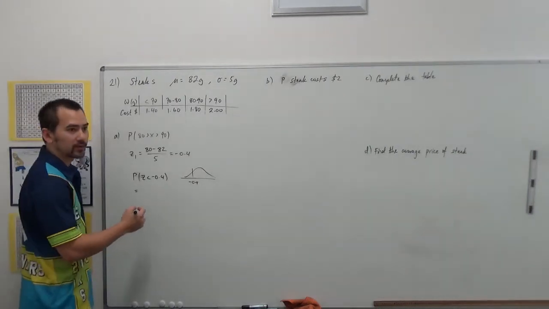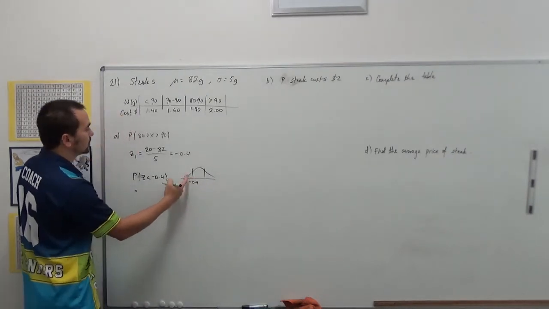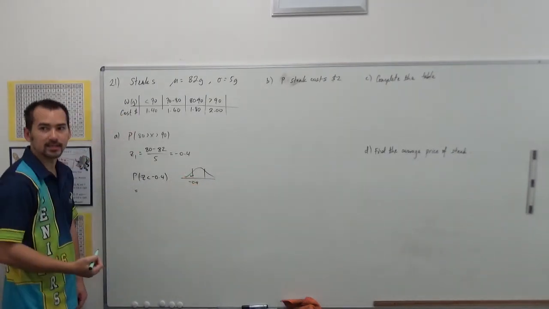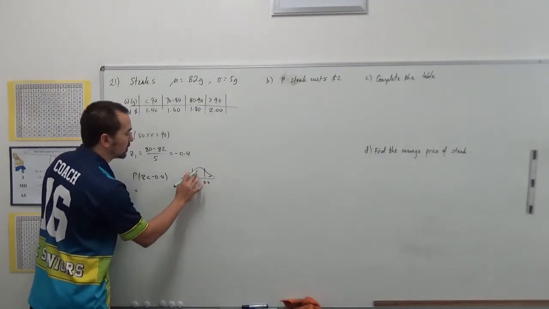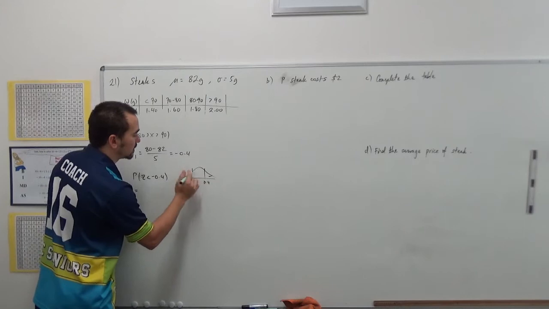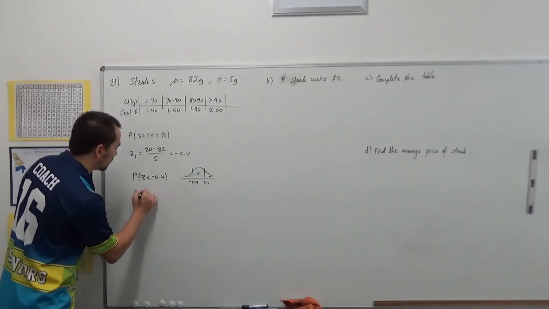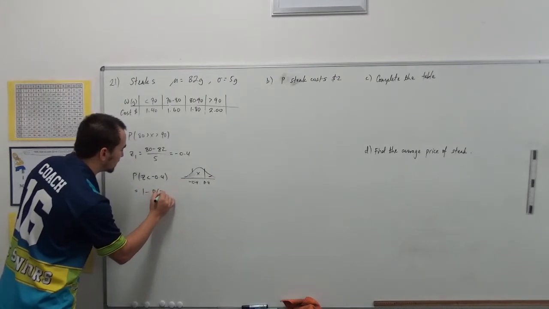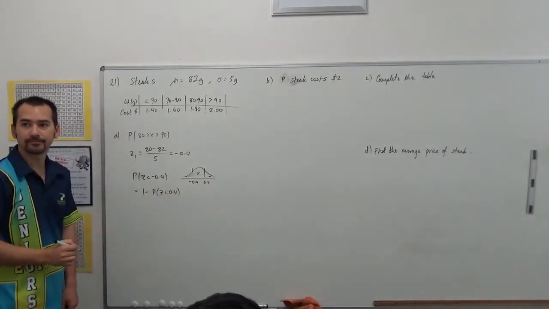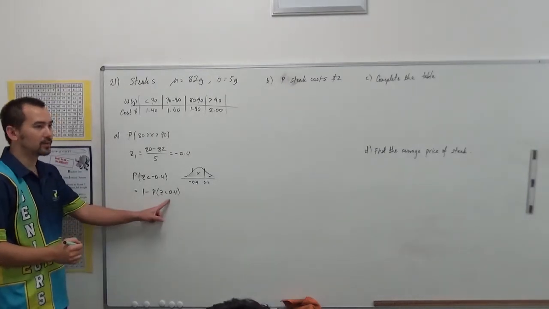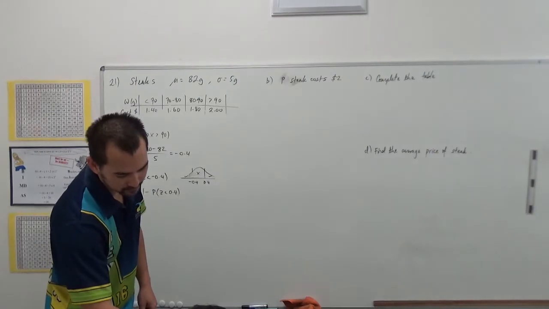We're going to use the symmetry and say that this area is the same as this area, so subtract that area. It's going to be 1 minus the probability that z is less than the positive 0.4. Look up the table for 0.4: 0.6554.